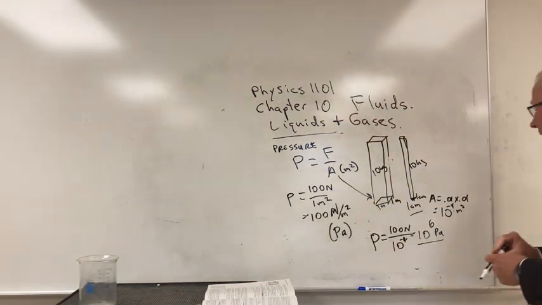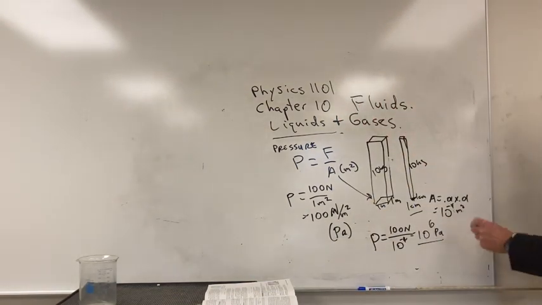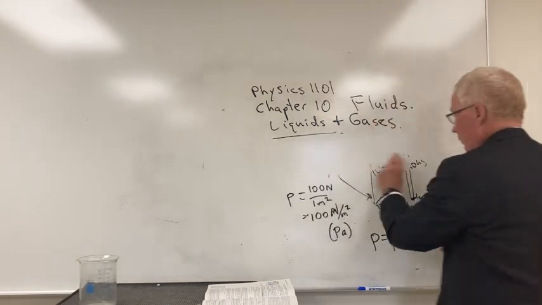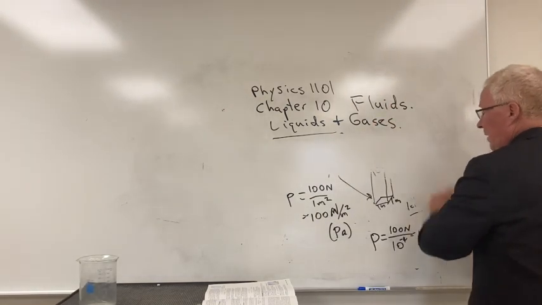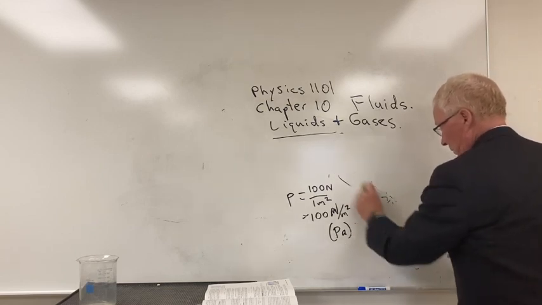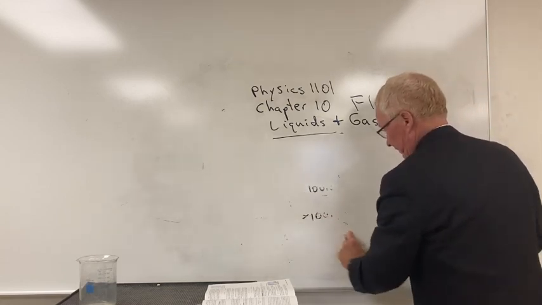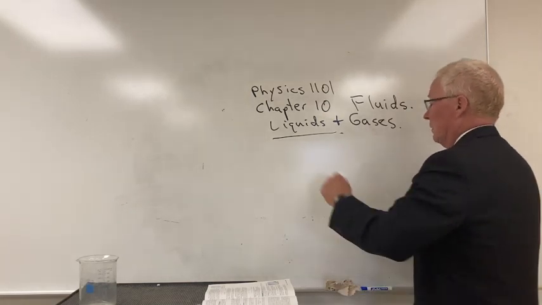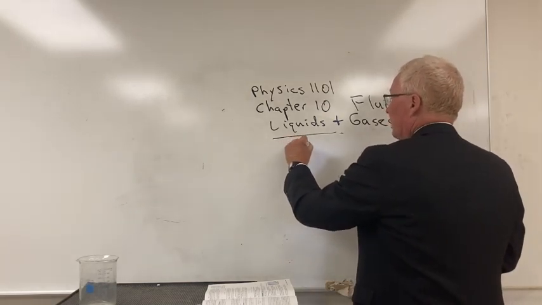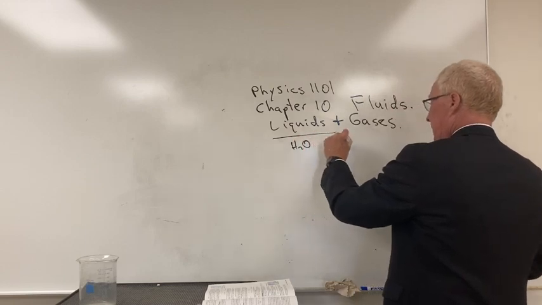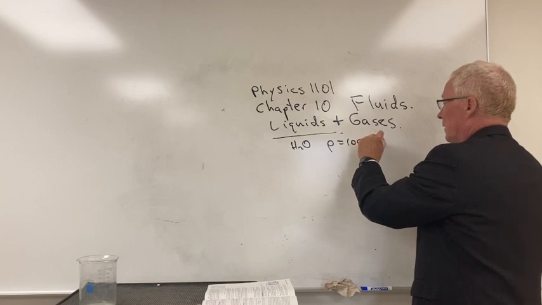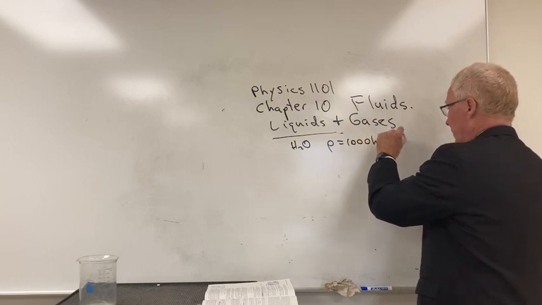Now let's move on to liquids, because we're going to be dealing with primarily water. All right. So we're going to be using water, H2O, which has a density, again, the Greek letter rho, of 1,000 kilograms per cubic meter.